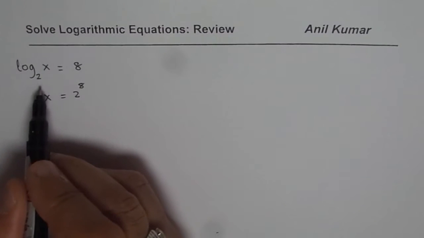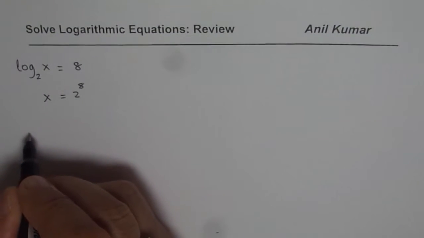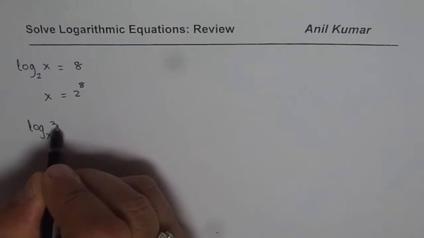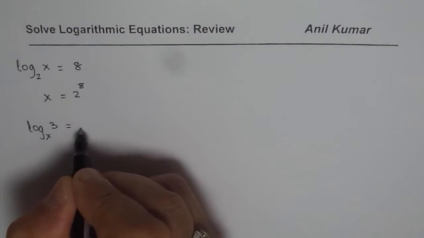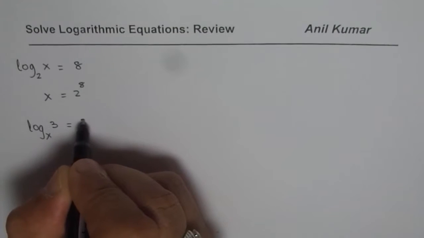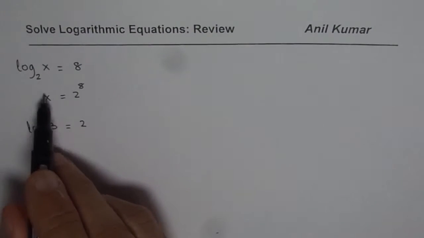Now this x could be in the base also. In that case, how do we solve it? So we could have log to the base x of 3 equal to 2. How to solve this kind of equation? First step is the same.